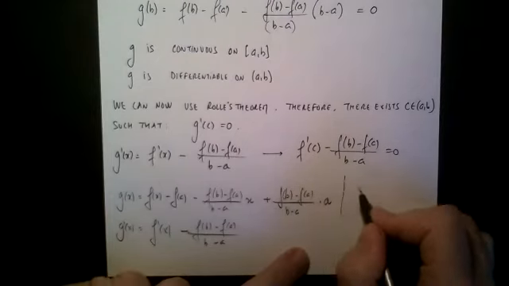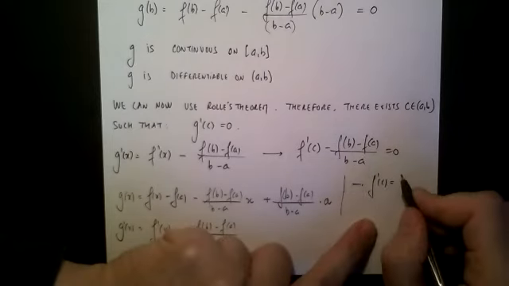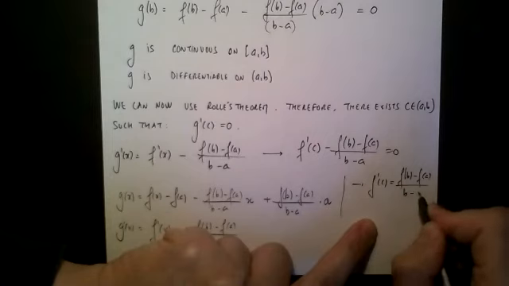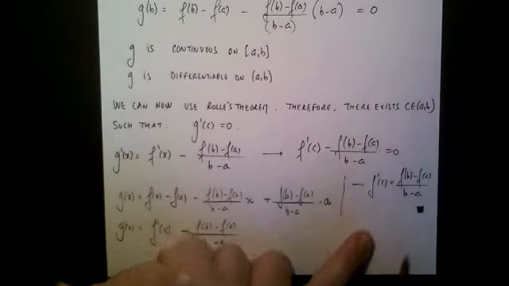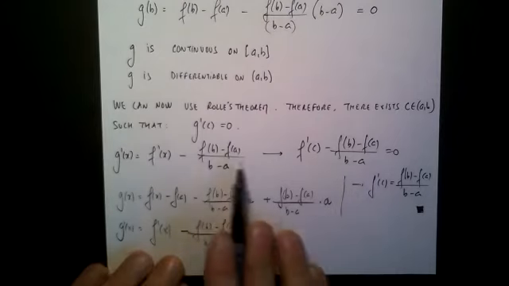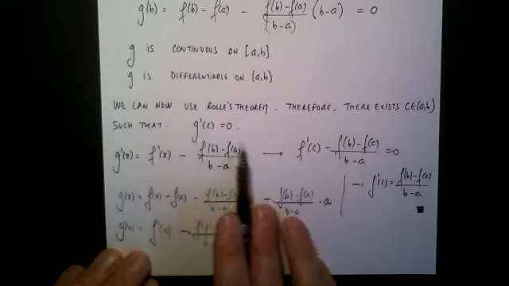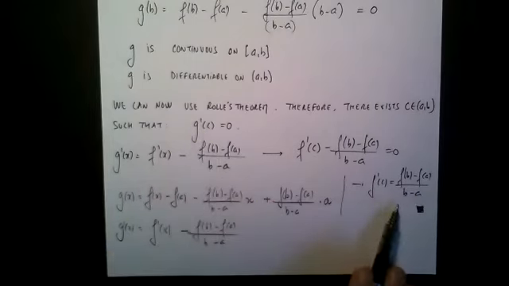And therefore, F prime of C equals F of B minus F of A over B minus A. And that's what I wanted to prove. I just showed that there exists a C such that this is true, and that's the mean value theorem.